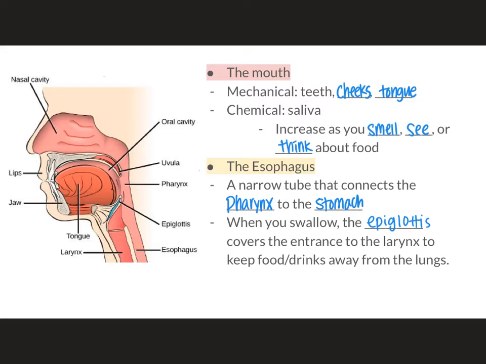Epiglottis is the only part where you're not going to see some sort of digestive activity going on. This is just like a slide or a passageway that would move the food that has been chewed up and mixed with saliva to travel into the stomach. And by muscle contraction, they're going to push the food down into the stomach.